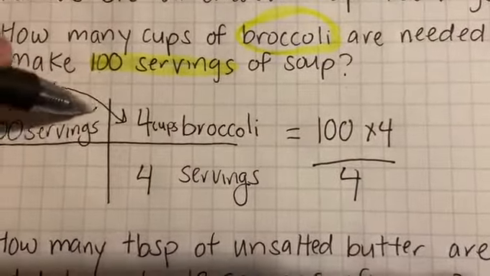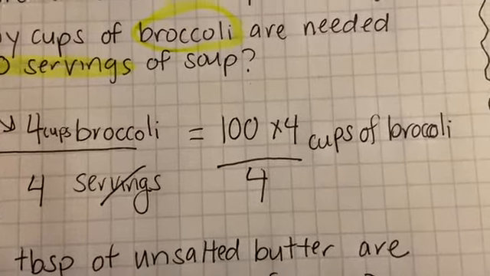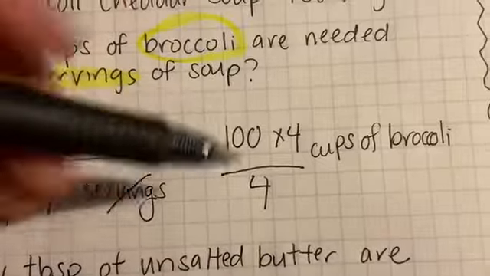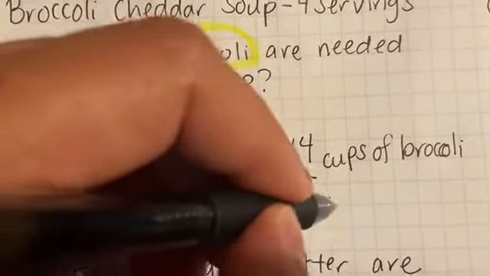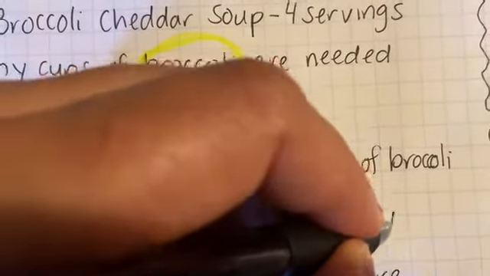My servings divide out. I'm left with cups of broccoli. You guys remember my right hand blocks everything, or my left hand, sorry. 100 times 4 divided by 4. That's going to be 400 divided by 4, which simplifies to 100 cups of broccoli.